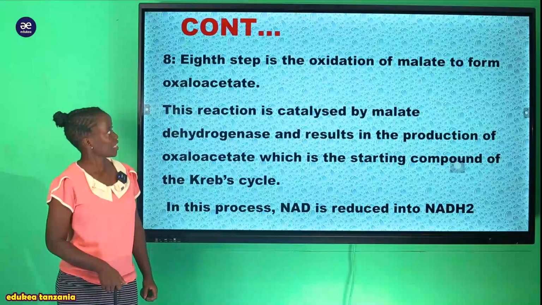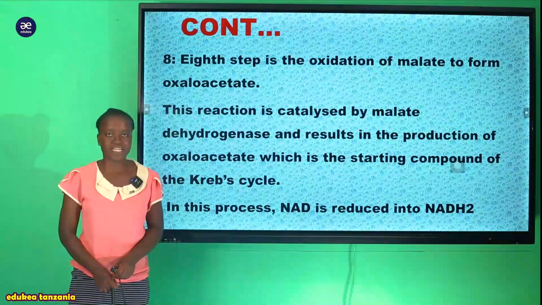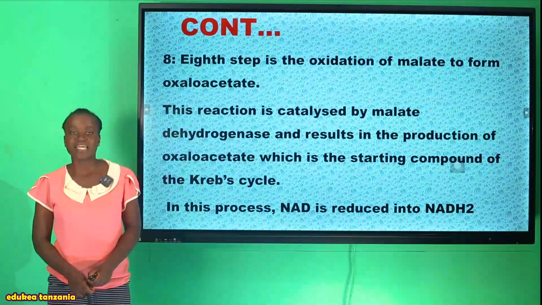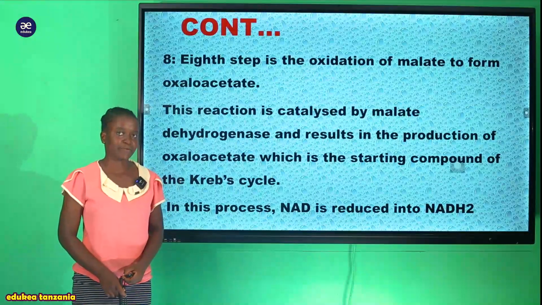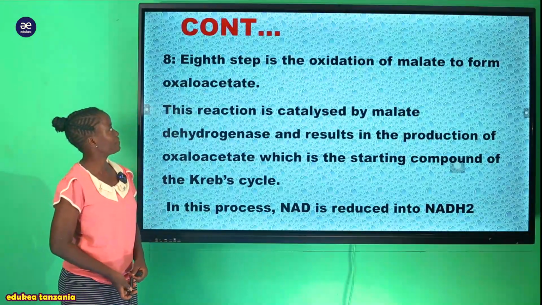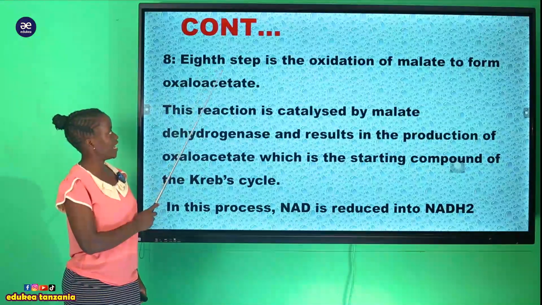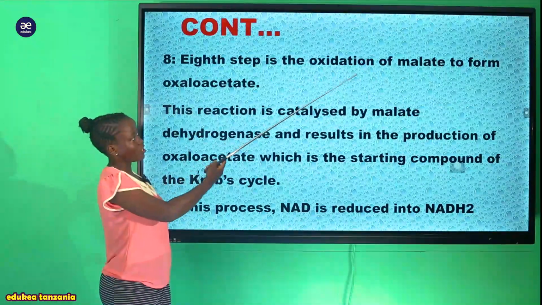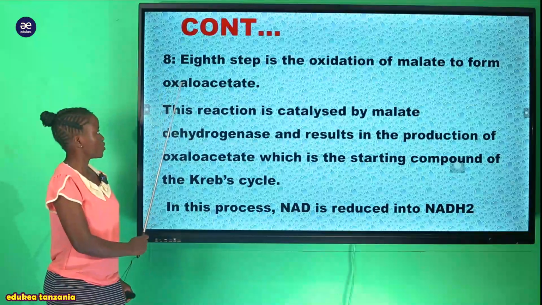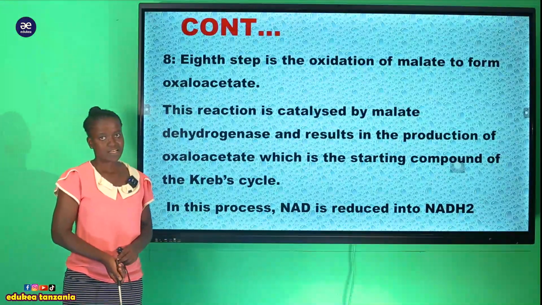And let's discuss the 8th stage of the Krebs cycle. So what is happening here? We are saying that this stage, which is the 8th stage, is the oxidation of malate to form oxaloacetate.